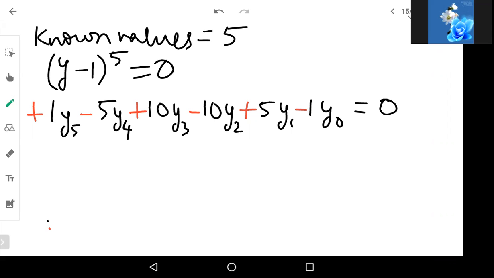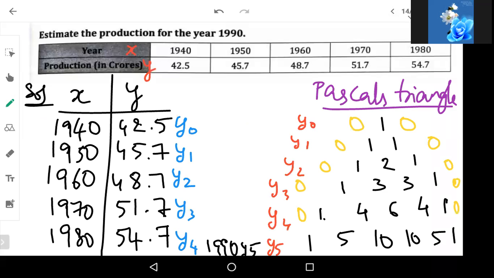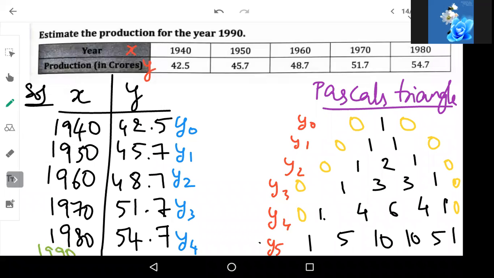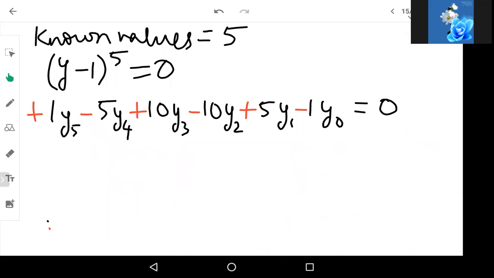Now, if you see this here, you do not know what is the value for 1990. Let me write that in a different color. 1990, we do not know the value, which is y5. Apart from that, we know all other values from y0 to y4. Now let us take all these values and solve for y5 so that we get the answer, that is the production for the year 1990.